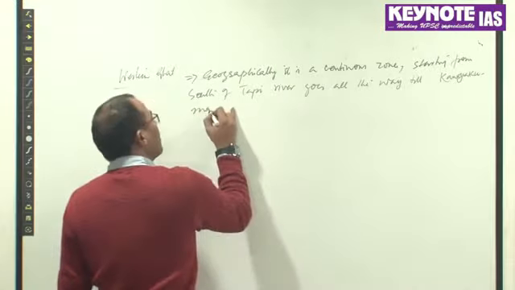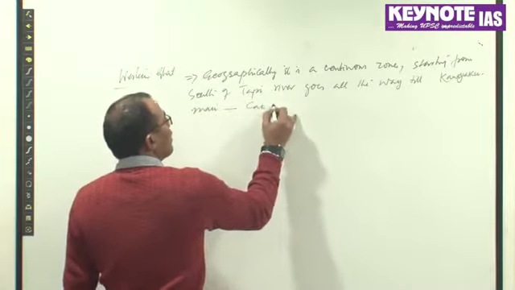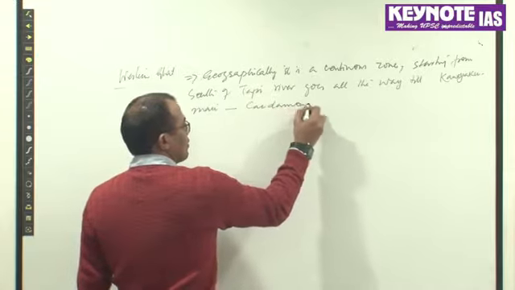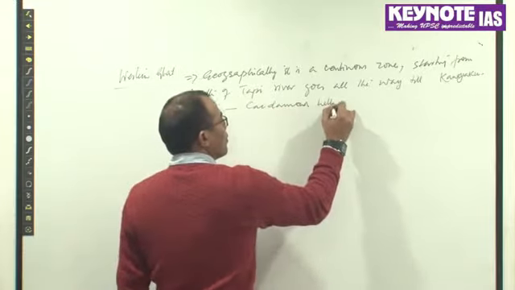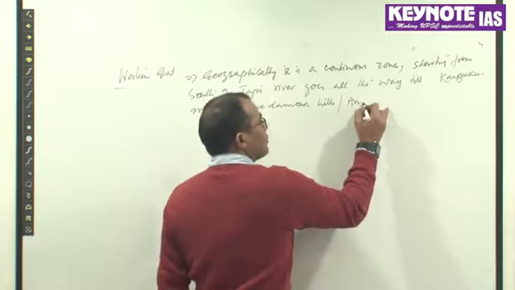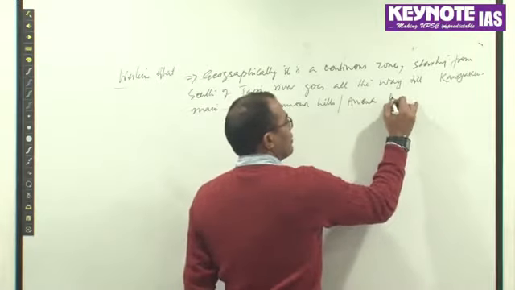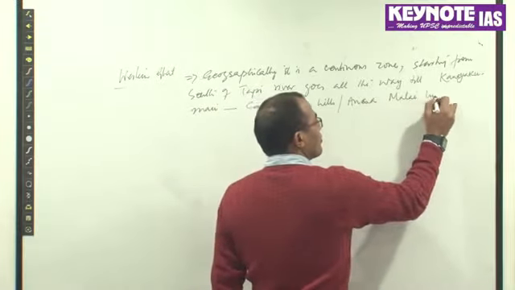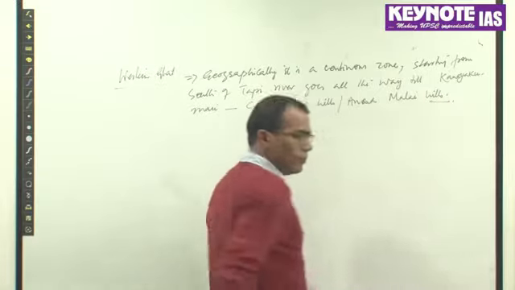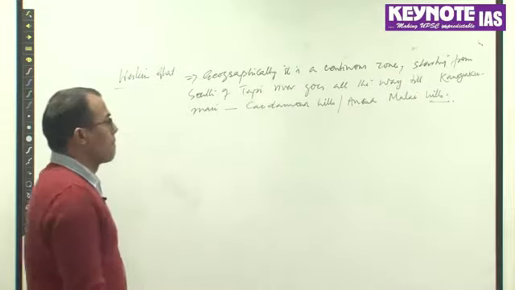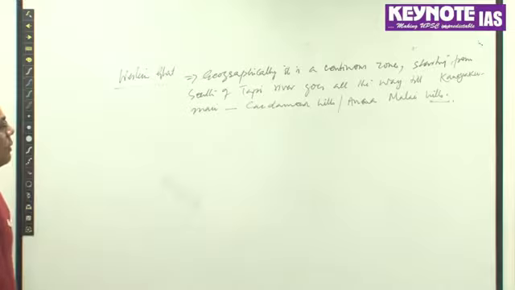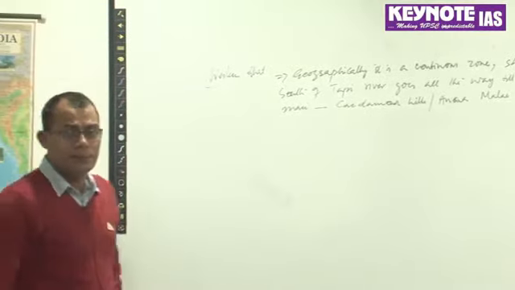Roughly Kanyakumari, that is ending in Cardamom Hills. Annamalai Hills. Which one? Kanyakumari.